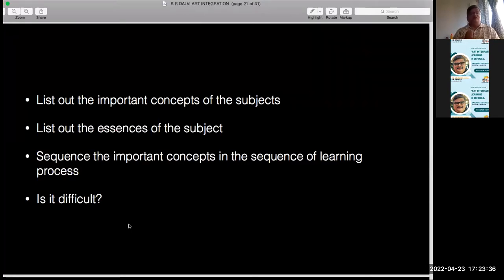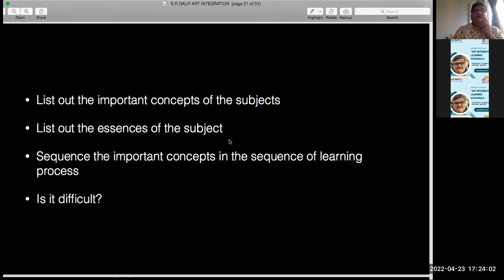That is one of the essences of visual art. That is why we will say that seeing and paying attention is one of the essences of visual art. So we will possibly be able to go to essences once we list out the concepts, I hope.